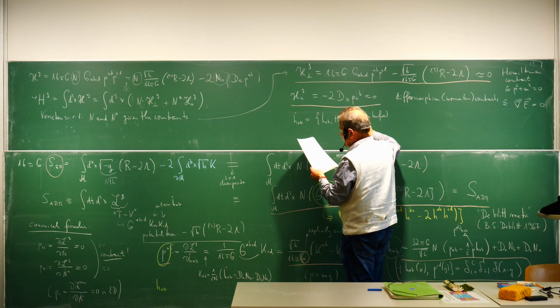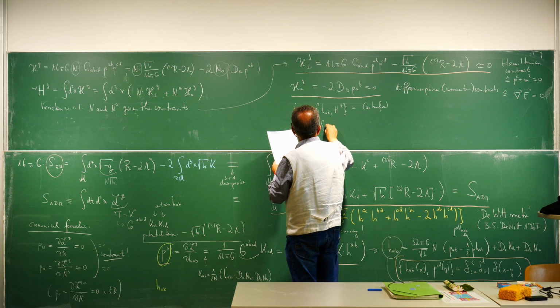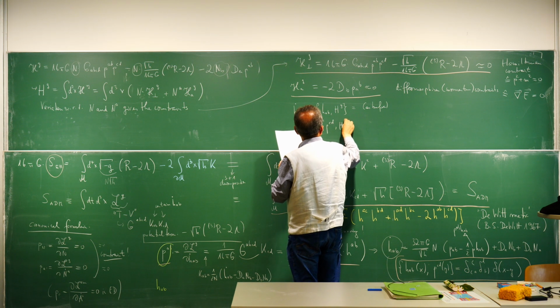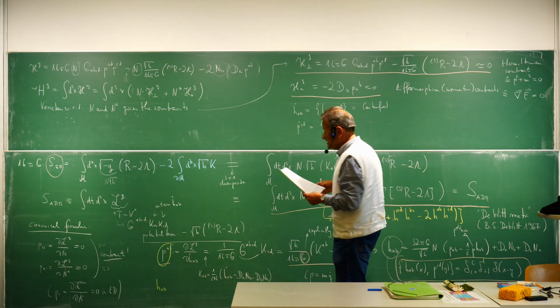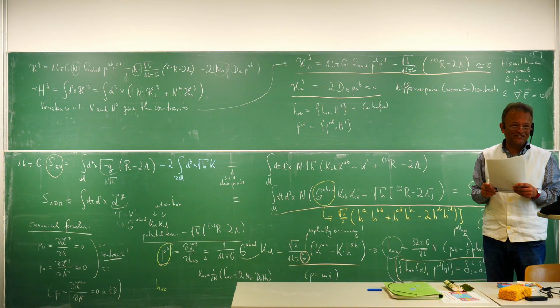And the new thing is, of course, what you get: P_CD dot is the Poisson bracket of P_CD with H_T. Okay, this I don't write down. It's lengthy and not needed.